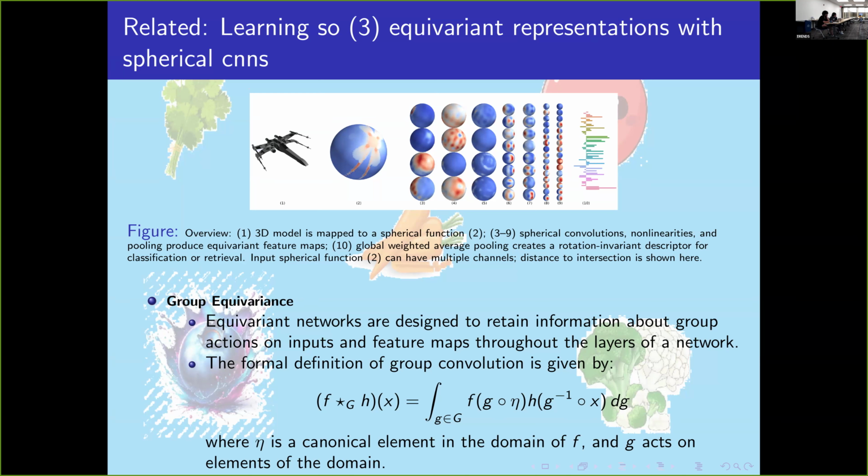So basically, rotational equivariance is trying to have the feature map look the same under certain types of symmetry, specifically rotation.